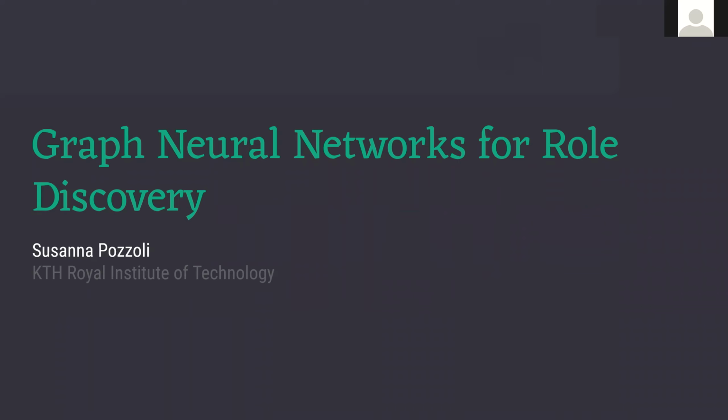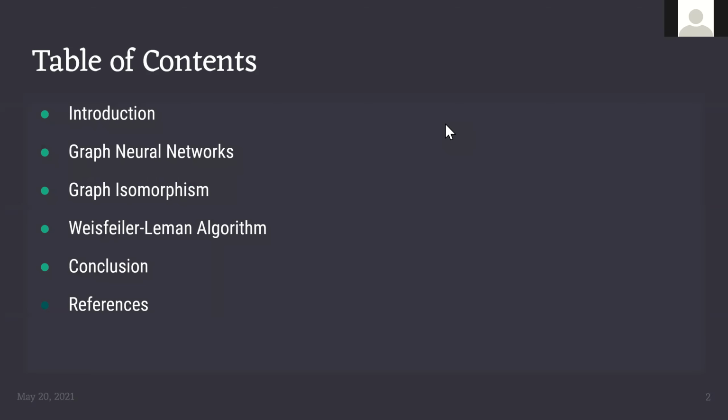Yes, so today I'm going to give this presentation with an overview of two topics which are really relevant for my research at the moment. So we are going to have a bit of an introduction.